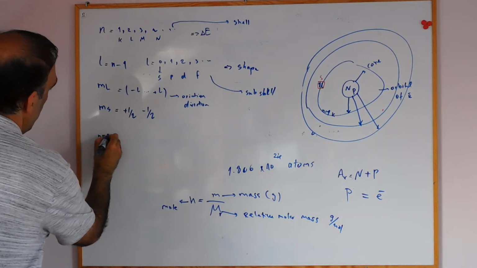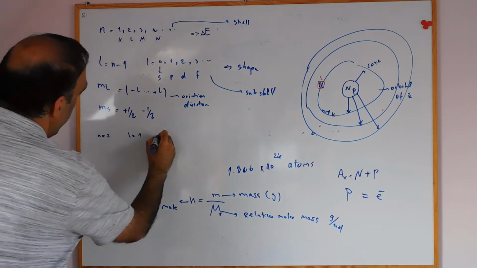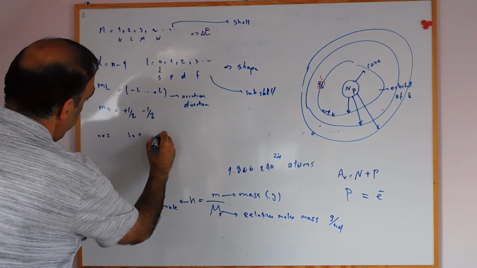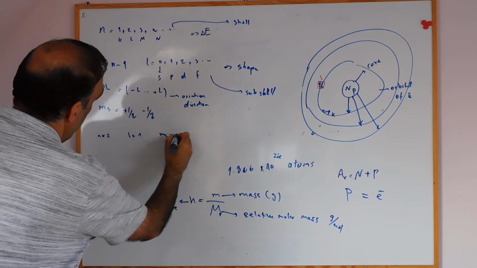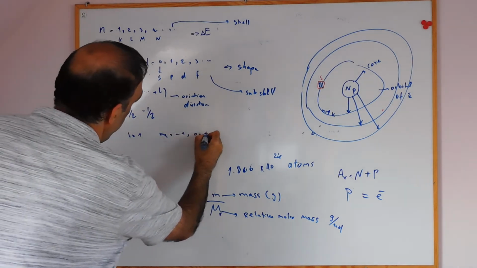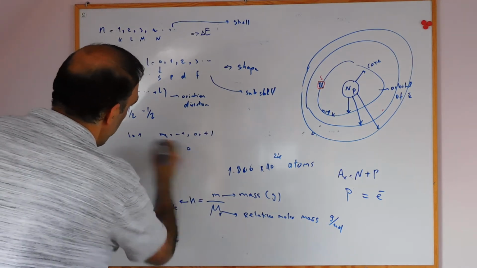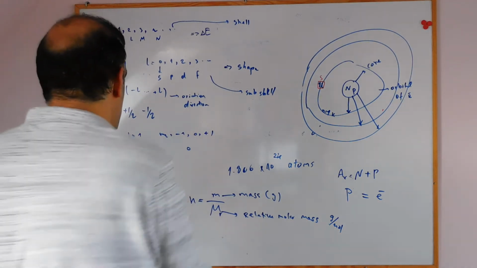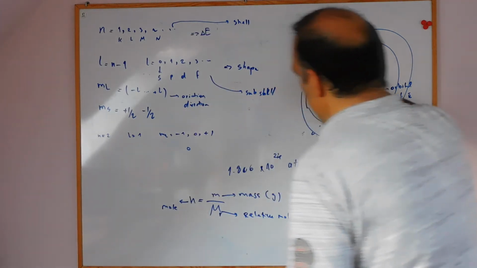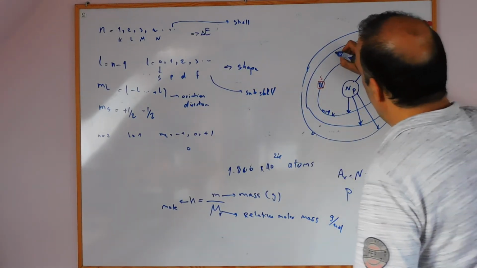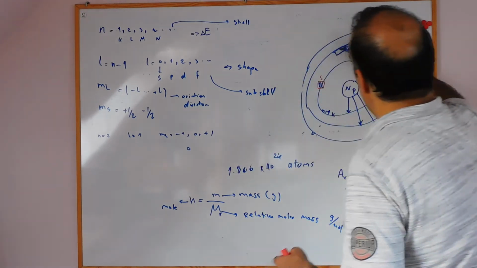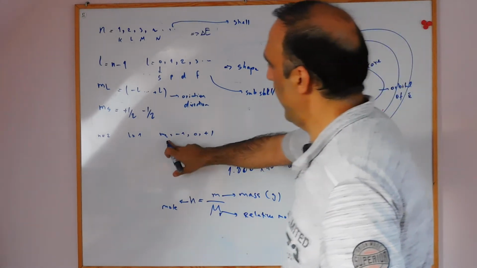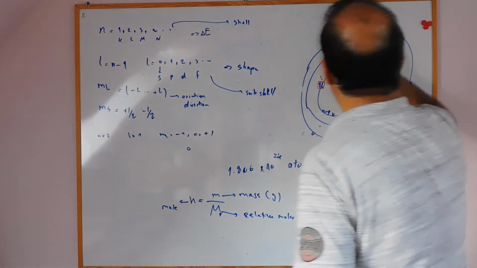N is equal to 2, L equal 1, and ML is equal to minus 1, 0, plus 1. As you see here, in the second layer, L is one, the name is P, okay?